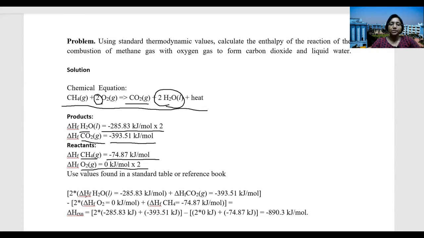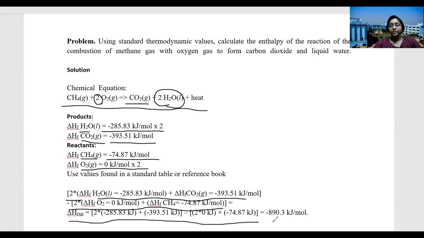Here you can see that first it is written the total enthalpy of the product, that is for CO2 and for H2O. Next, you subtract from the product enthalpy the enthalpy of the reactant, that is CH4 and O2. So ultimately, you will get the enthalpy of the reaction.